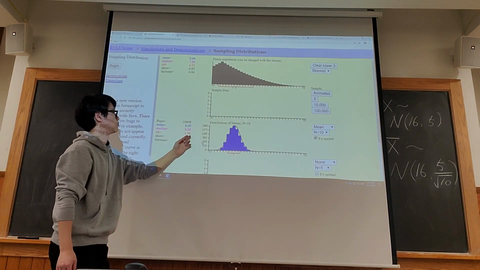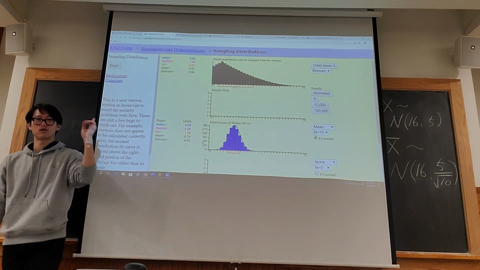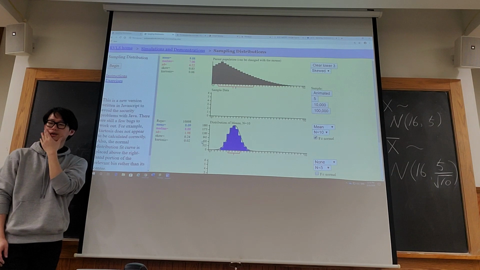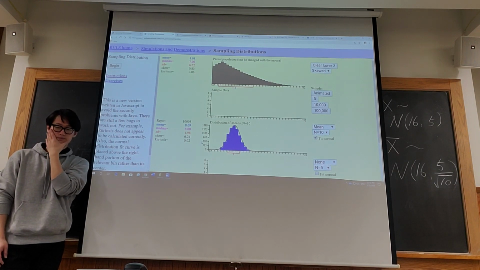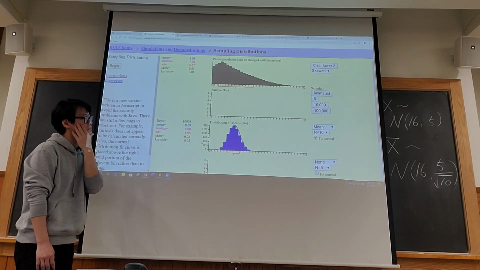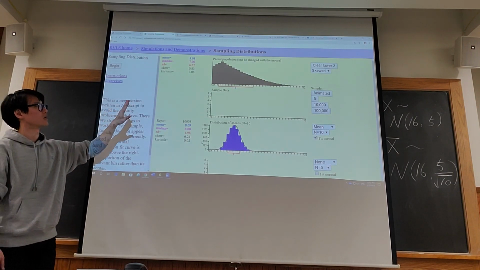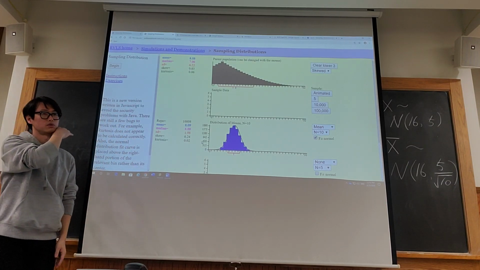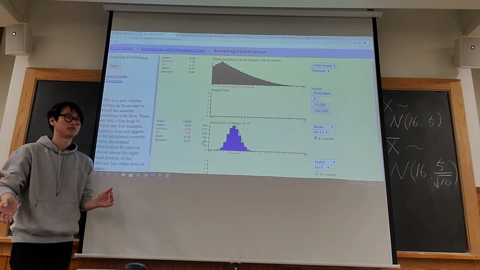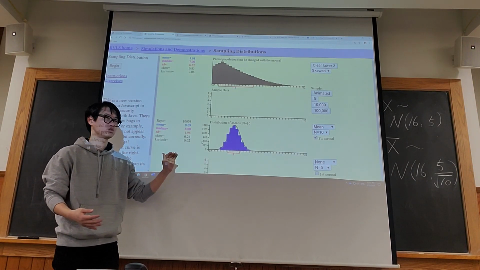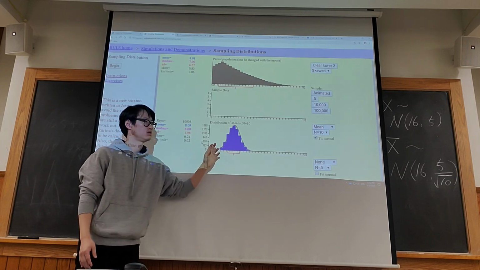We have 1.98. Okay. So this is maybe the power of statistics. Even if the population distribution does not follow the normal distribution, we can guarantee that if we have a larger sample, the distribution of the sample mean will follow the normal.